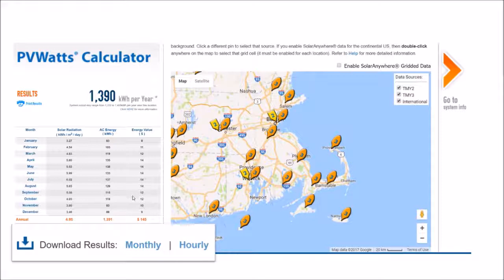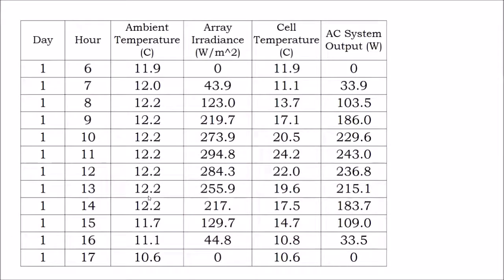So in PV watts, you go and get that monthly weather data, and we see from our PV watts output for every hour of the day, for every month of the year, we get not only the output, the power level of the system, but we will get what the ambient temperature was for that simulated day, and then also what the cell temperature was for that simulated day, so that we can see on this 12-degree centigrade day at noon, the module surface temperature got all the way up to 24C.